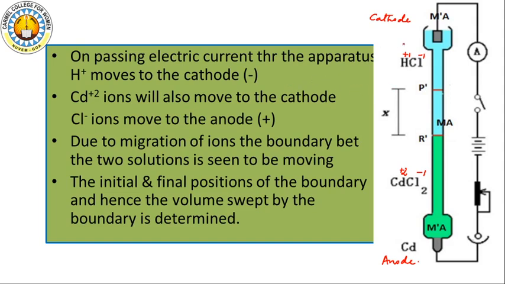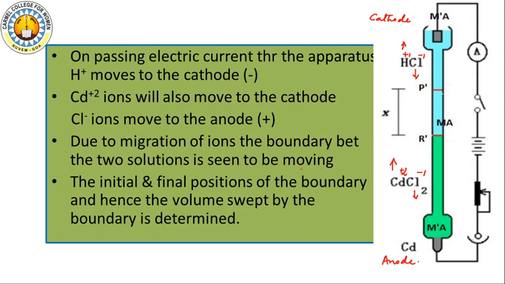H plus ions will move towards the cathode. Cadmium ions will also move towards the cathode. Chloride ions, that is Cl minus ions, will move towards the anode. Due to the migration of these ions, the boundary between the two solutions starts moving.